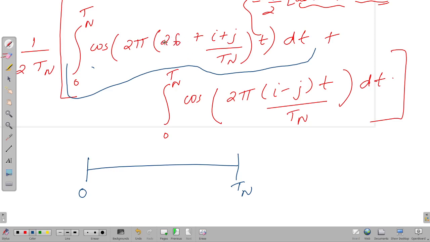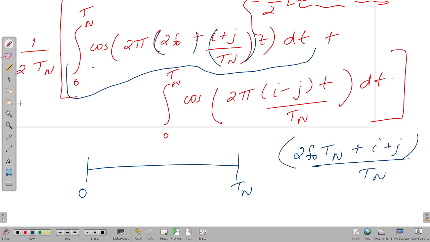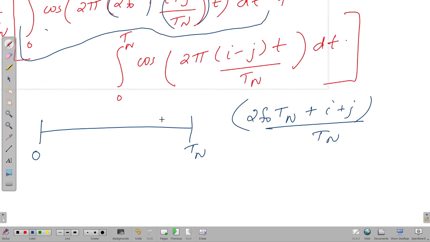If I take the LCM and add these two terms, f naught plus (i plus j) divided by Tn, then in the numerator I will have 2 f naught Tn plus (i plus j), divided by Tn. And you can see that f naught Tn is a value which is much greater than 1.